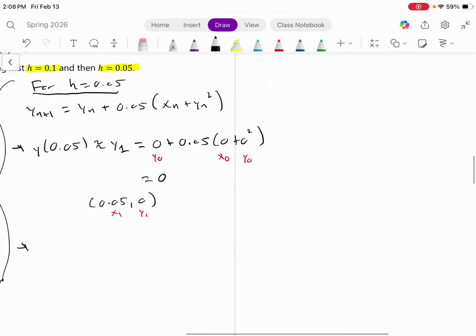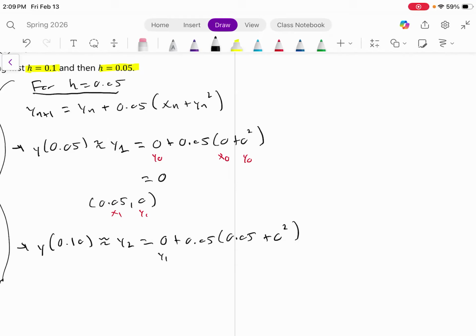So increase the step size, so 0.05 plus 0.05 is going to be 0.10. And this is approximately our y2. When I plug in my values, I get 0 plus 0.05 times 0.05 plus 0 squared. And let me just annotate again what values these are.